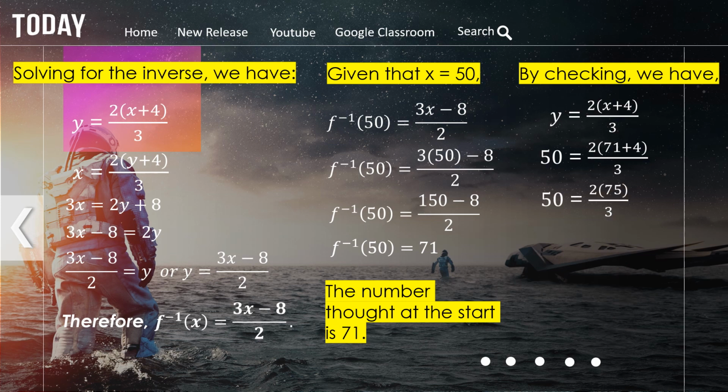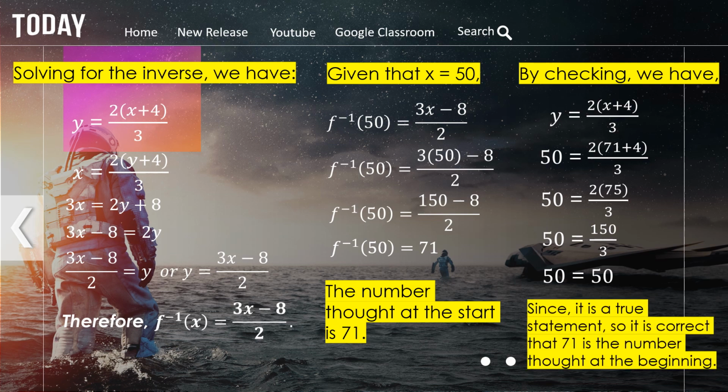Simplify. We have 50 is equal to 2 times 75 over 3. So therefore, 50 is equal to 50. By checking, it is true that 71 is the number thought of at the beginning.